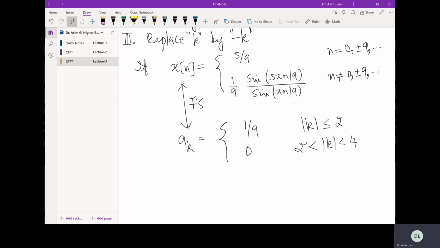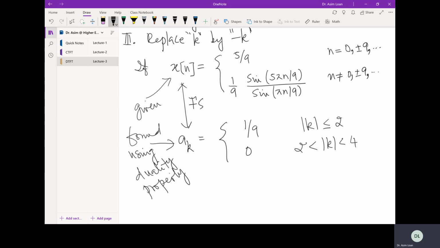So this was given, and we found this one using the duality property and the result of example 3.15.